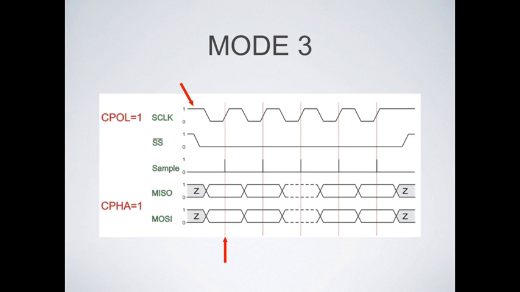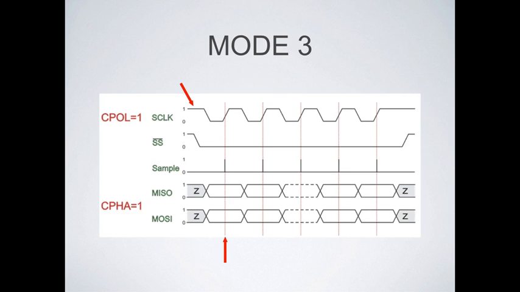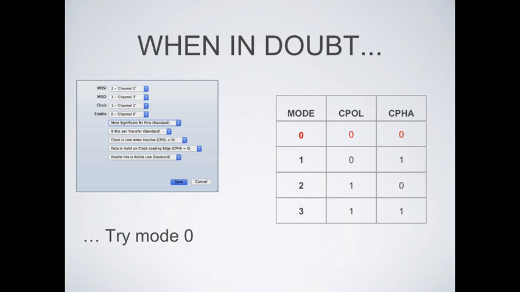But it looks really close to what mode 0 is, you've just kind of flipped the clock upside down. And that's where you would be sampling data when the phase is equal to 0. But when in doubt, always set it to mode 0 and see what happens. Nine times out of 10, you're probably going to get some sort of data in your probe.